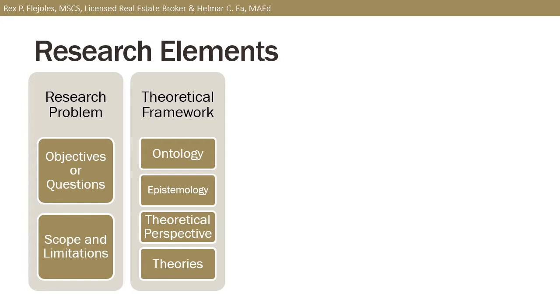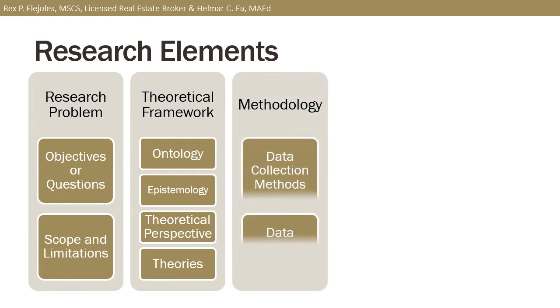But common practice is that the conceptual framework seems to present only the methodology being employed. Others may refer to it as the research design. But later on, you will learn that research design may refer to something else. Third is the methodology, which is basically composed of the data collection methods and the data analysis methods.